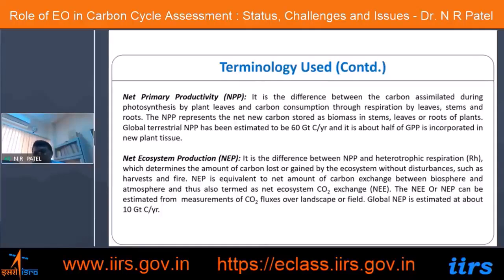So net ecosystem productivity doesn't include any disturbance like forest fire, land use change or harvest. It is equivalent to the amount of carbon exchange between biosphere and atmosphere. It is estimated globally to be around 10 gigaton carbon, or 10 petagram carbon per year.